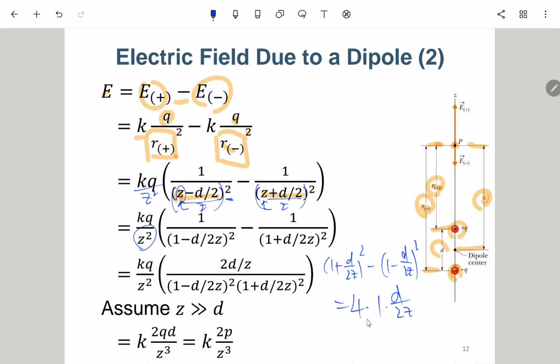So 2 and 4 will be partly cancelled, and will become 2d over z. Other things don't change at all. Here is the common denominator. So here we try to do some approximation.